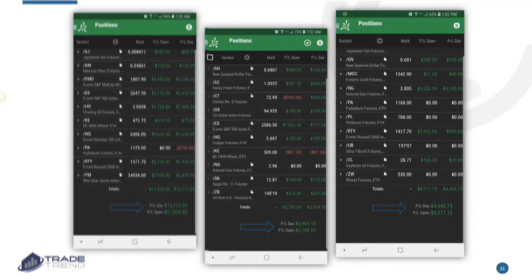But I was astonished to find that these signals actually worked better a lot of the time on intraday charts. So they work well on all time frames. You can use these all the way down to a tick chart, all the way up to a monthly chart. We have traders that use these for position trades and trade monthly charts.